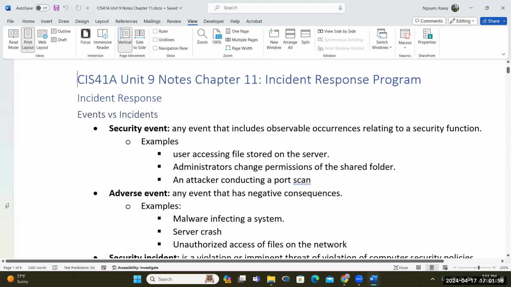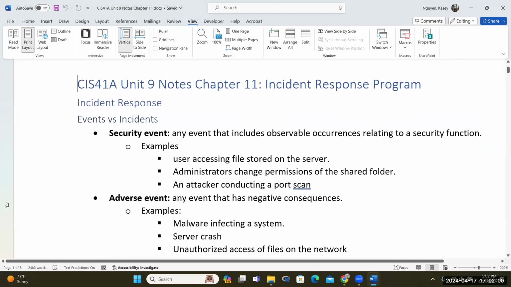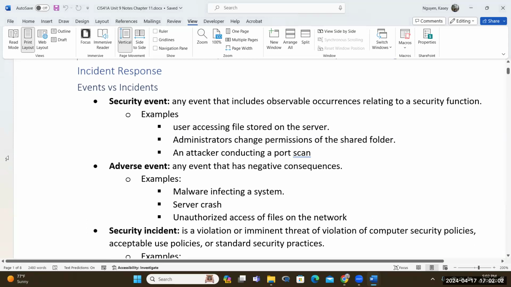Okay, so at the beginning of the notes, it goes over the differences between a security event, which is what we normally see in Event Viewer, like in a Windows system, compared to a security incident, right? So an incident is really a violation.